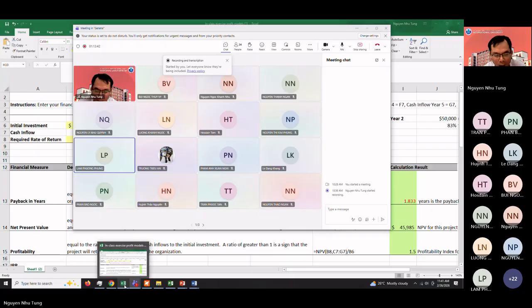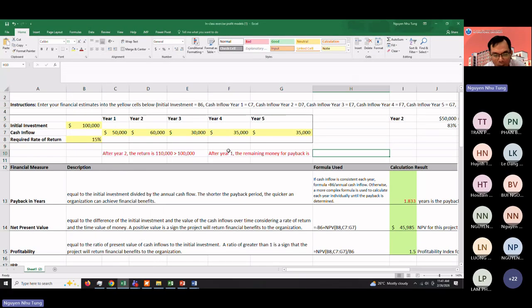Yes. All right. So you follow me, right? Phụng. Okay. So we are calculating how many years for payback? 100,000, right? And we know that after year 2, actually we receive more than 100,000. So we don't need to wait until 2 years for payback. So my question is, after year 1, the remaining money for payback is?